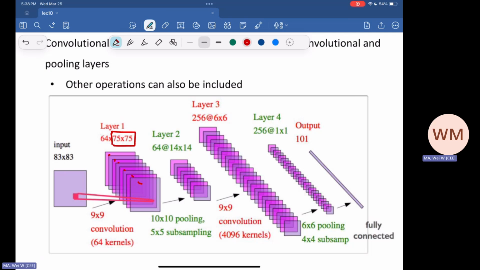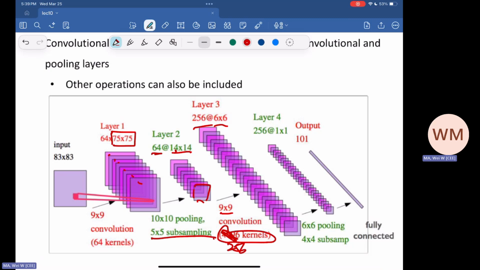Then I do a 5 by 5 subsampling. I still have 64 images, but each image is downsized to 14 by 14. Then I apply a 9 by 9 filter again, but this time with 256 kernels. I think the slide has a typo. So 14 minus 9 plus 1 is 6 by 6, and I have 256 kernels.